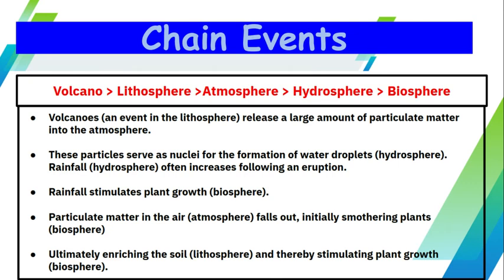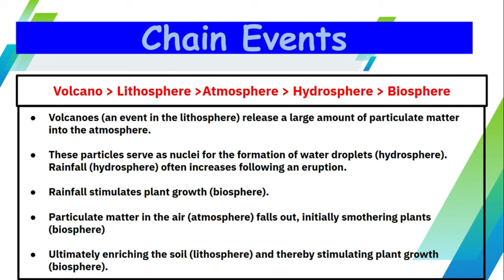So, a volcano can affect the lithosphere, atmosphere, hydrosphere, and the biosphere. Volcanoes are an event in the lithosphere. They release a large amount of particulate matter into the atmosphere, as you saw in that picture, clouds blooming up into the atmosphere.